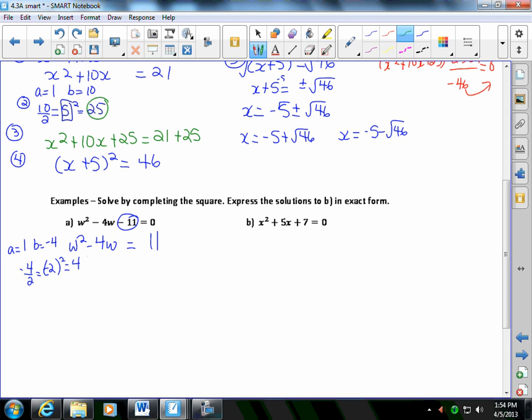So I take that 4 and add it on to both sides of the equation. So I have w squared minus 4w plus 4 is equal to 15. This is a perfect trinomial square because I made it into that, so I know my factor is w minus 2 all squared equals 15.